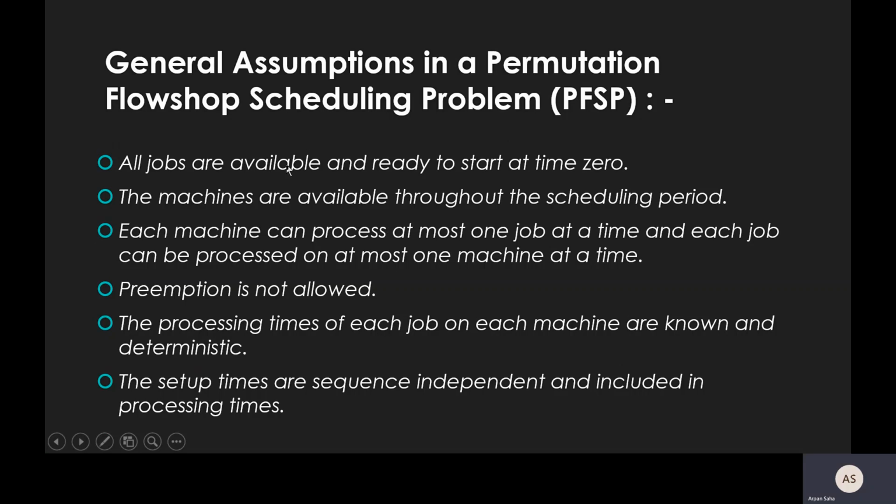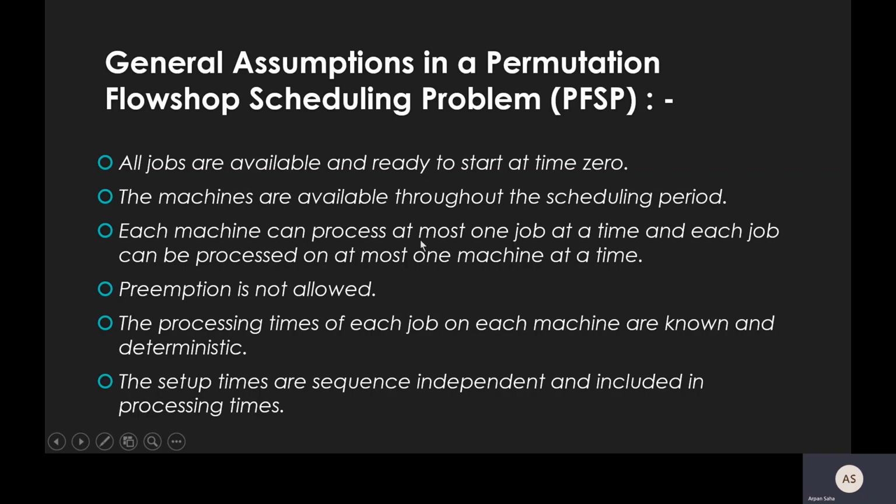There are some general assumptions which are made for this permutation flow shop scheduling problem. First, a very trivial assumption, that all the jobs are available and ready to start at time 0. Secondly, a very important assumption, that the machines are available throughout the scheduling period, because by stating this, we mean that we are not considering any downtime or any maintenance issues of the machines.